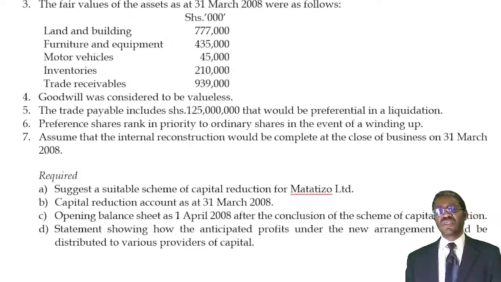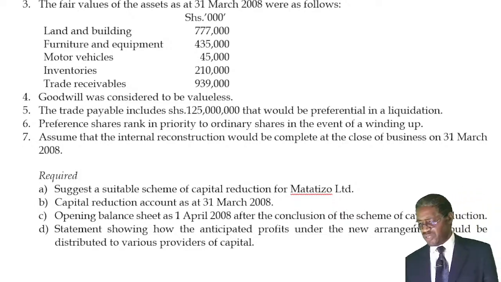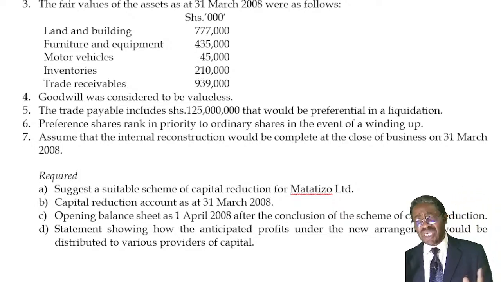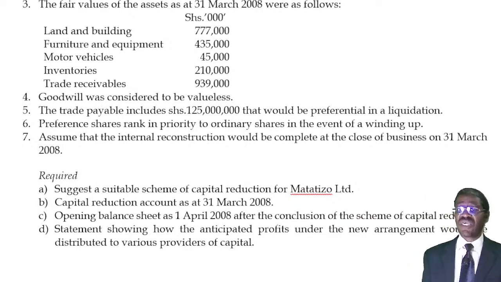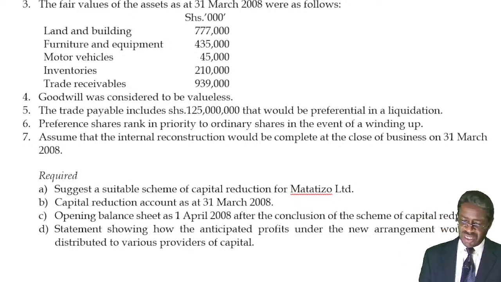Number D, a statement showing how the anticipated profit under the new arrangement would be distributed to the various providers of capital. So number A, they want us to suggest a scheme of internal reconstruction.